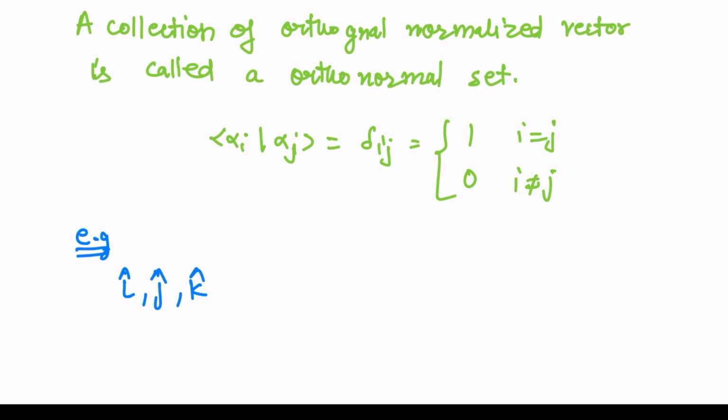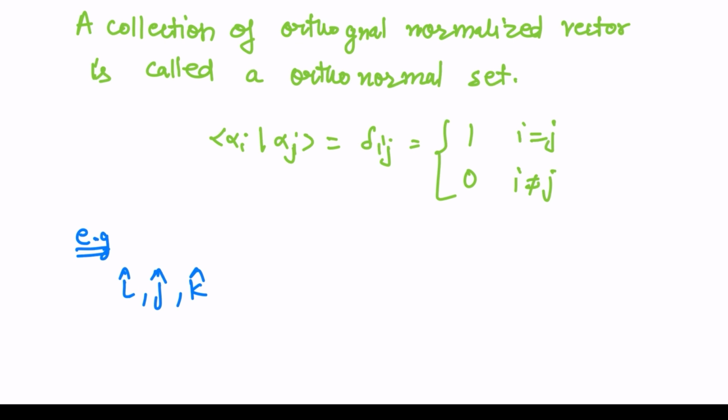And the way you represent this orthonormal set is by taking the inner product, and this symbol is known as the Kronecker delta symbol. When i and j are the same, this is equal to 1. When i and j are not the same, this is equal to 0.